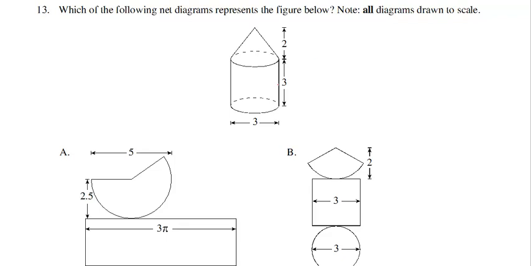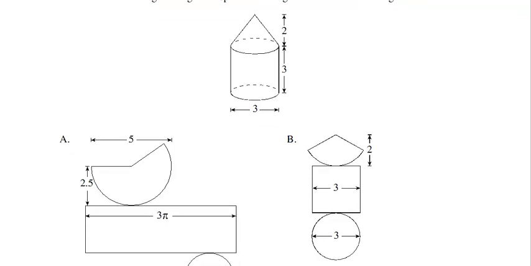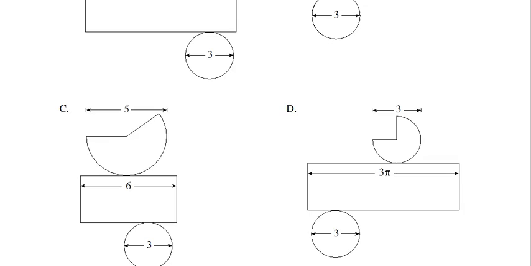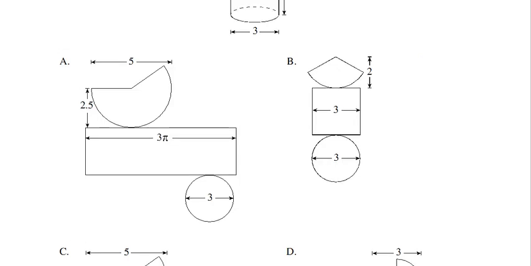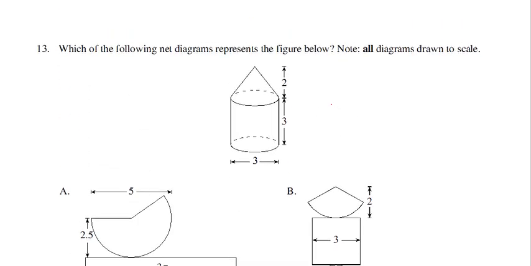What I noticed right here is, if I scroll down, we have a bunch of different rectangular options. We have the 3 pi, we have the 6, up here we have another 3 pi and a 3. So I'm going to try and narrow down what's going on with the rectangle right here. They are telling me that the height is 3, so that doesn't change. They're telling me that my diameter from here to here is 3.